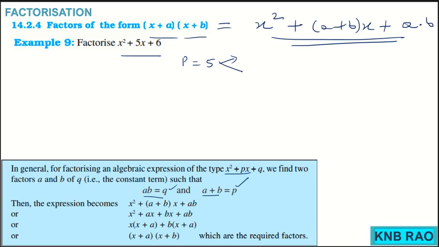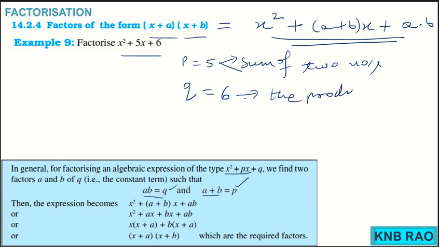I want it as a sum of two numbers, and you could see q as 6, where the product of those two numbers is 6. Which two numbers? The ones I have taken as the sum.